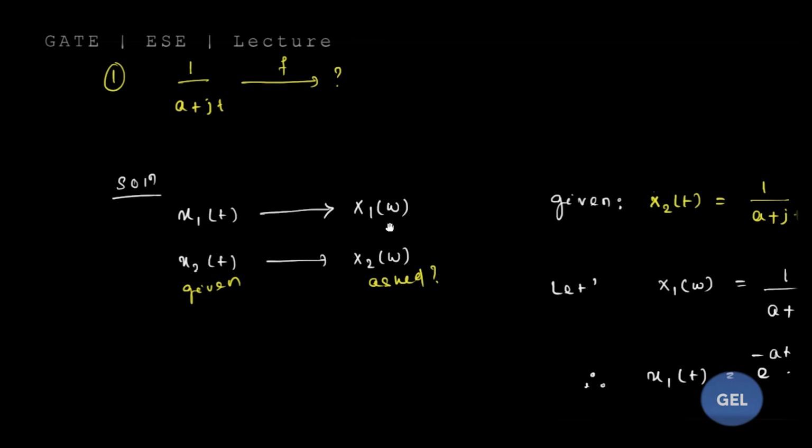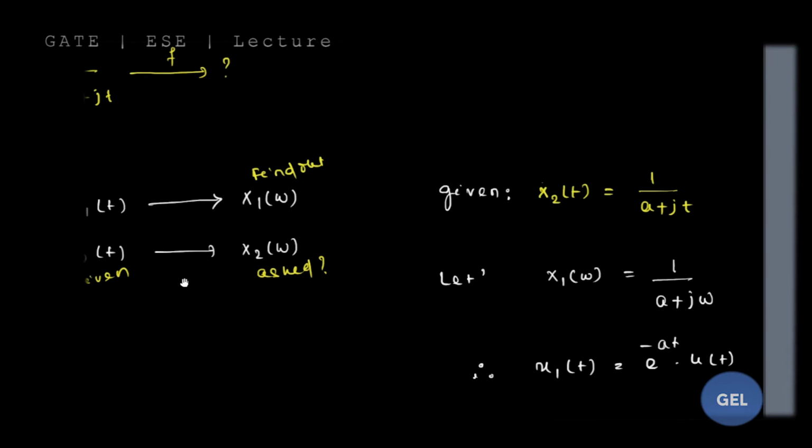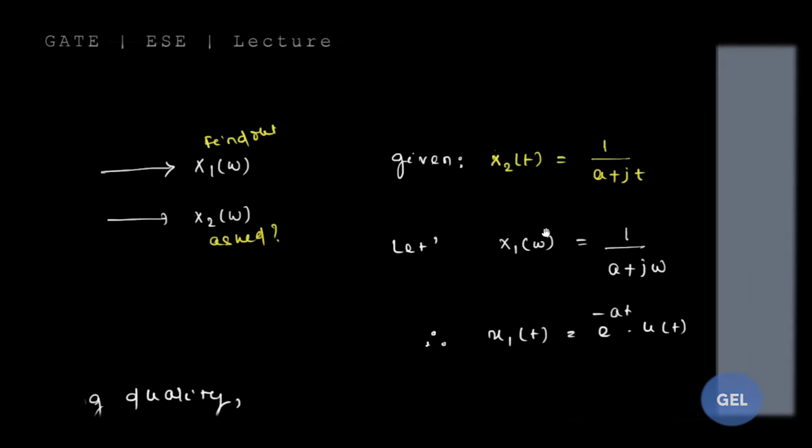Now you need to take the assumption with x1(omega). First find x1(omega). It has to show resemblance with x2(t): just replace this t by omega.